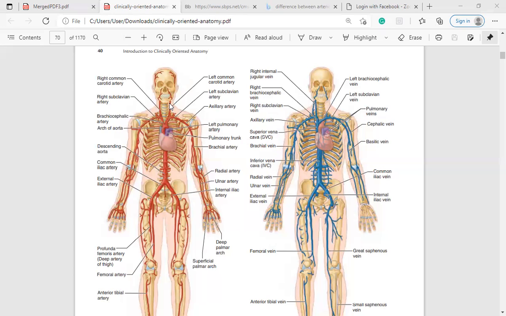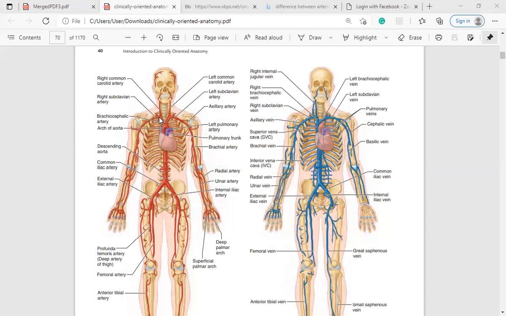But the difference is that on the left, the subclavian artery comes directly from the aorta, from the aortic arch. But on the right, the subclavian artery comes from the brachiocephalic artery. So pay attention. That is an exam question. And you're going to be asked in your exam the difference between the branches of the aorta on the right side and on the left side.